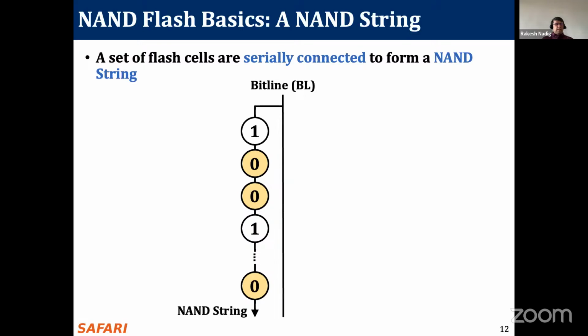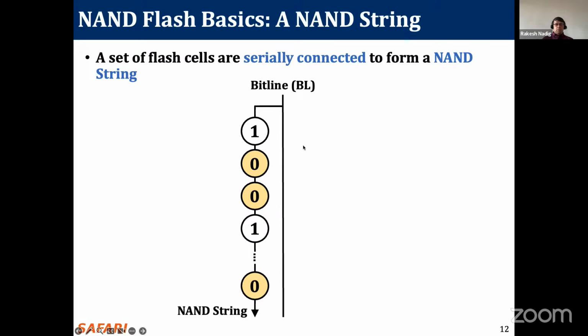So let's look at a NAND flash string where we serially connect many flash cells, and as you can see, these different flash cells are connected serially, and they are connected to a bit line. This NAND string is also connected to a sense amplifier at the end, which will detect what value is available in the NAND flash string.